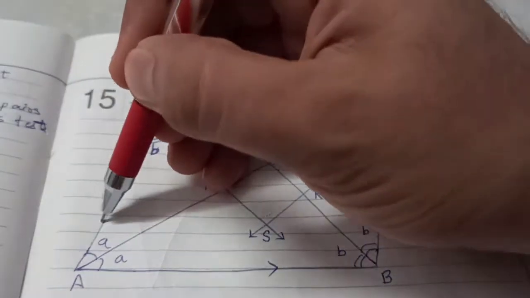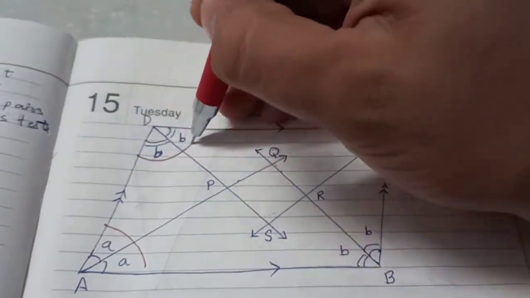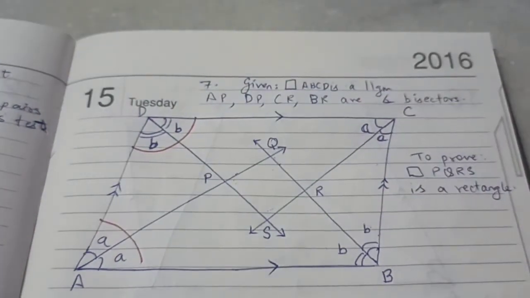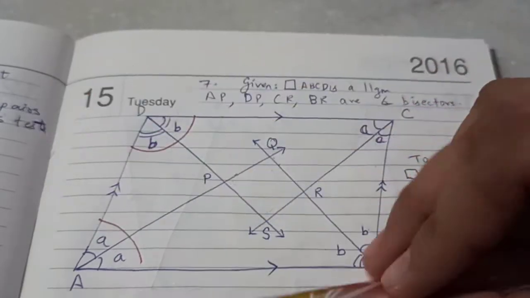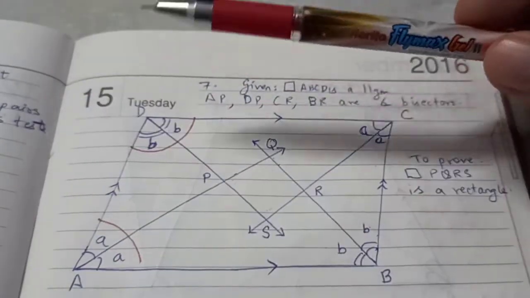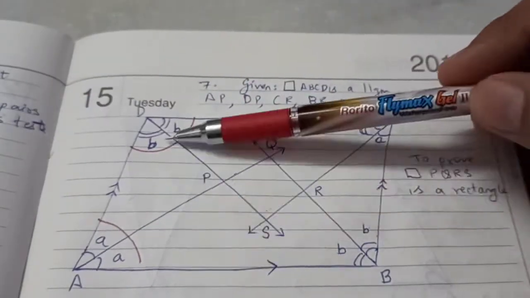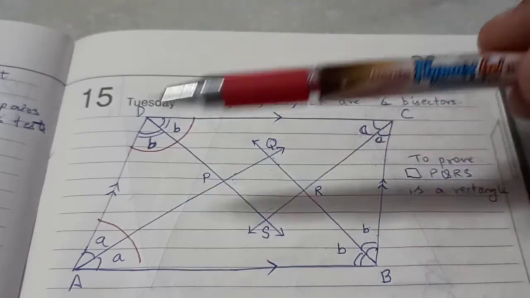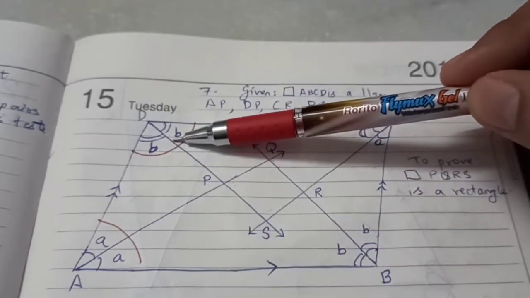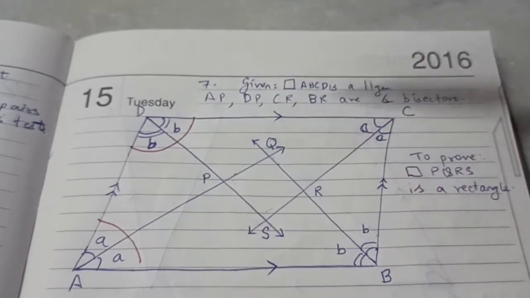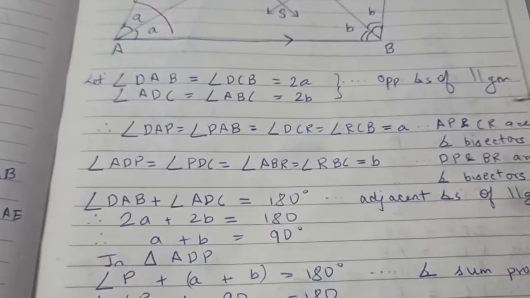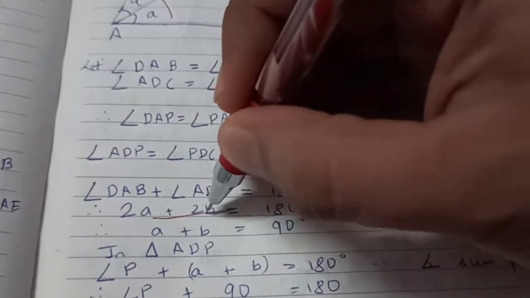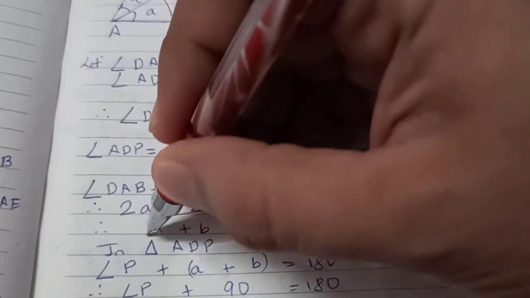Now I know that this entire angle plus this entire angle is equal to 180 degrees because they're actually co-interior angles between these two parallel lines. Or I can just say adjacent angles of a parallelogram are supplementary. That means 2A plus 2B is 180. That means A plus B is 90. So that is the first step to get A plus B equal to 90.